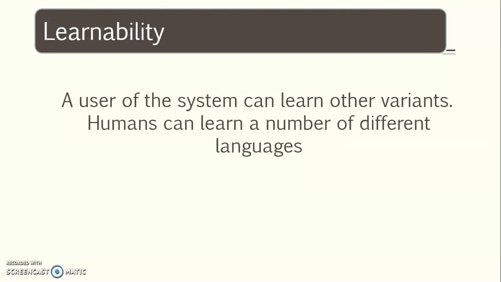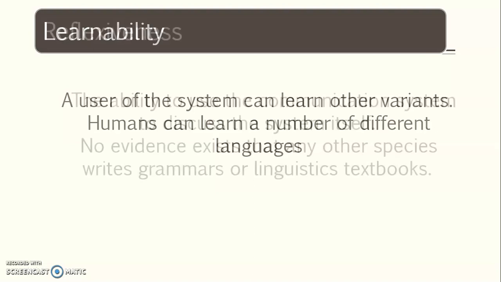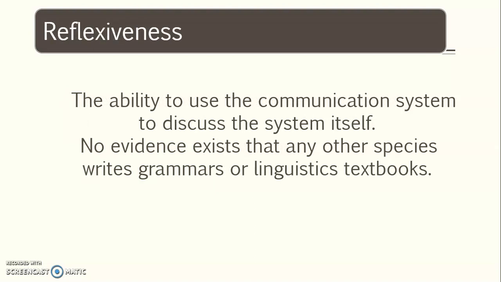Learnability, the user of the system can learn other variants. Humans can learn a number of different languages. I can learn Portuguese, I can learn Italian, I can learn many other languages. Reflexiveness, the ability to use the communication system to discuss the system itself. There is no evidence that any other species write grammars or linguistic textbooks.